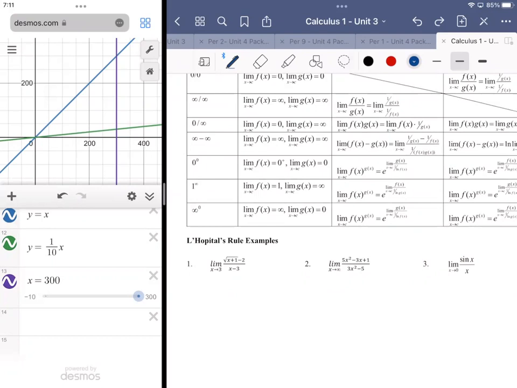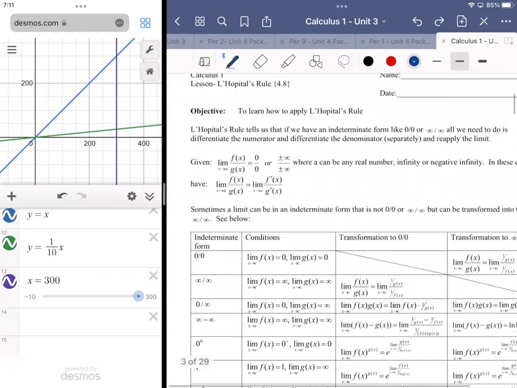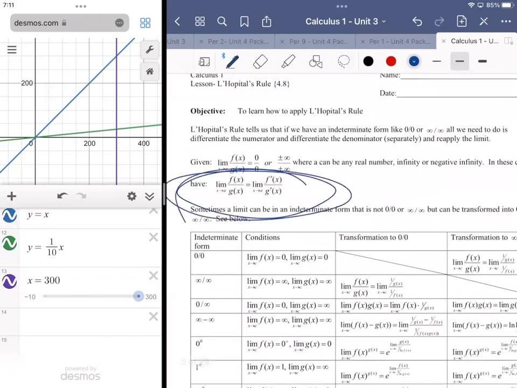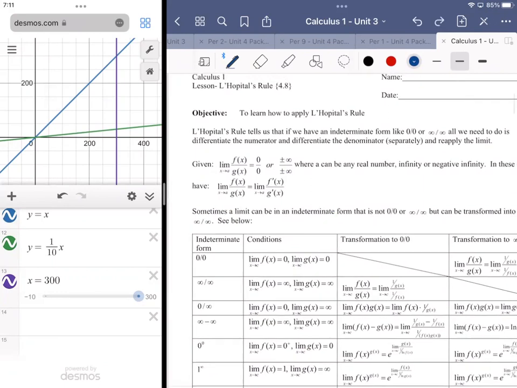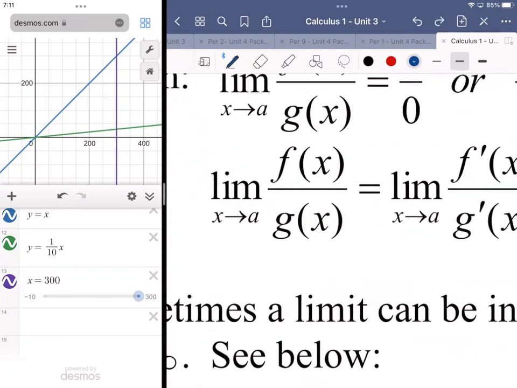But what L'Hopital's rule is telling us, and you can see the notation here, it looks kind of funky, but if you really dive into it, we can just break it down to a simple process.